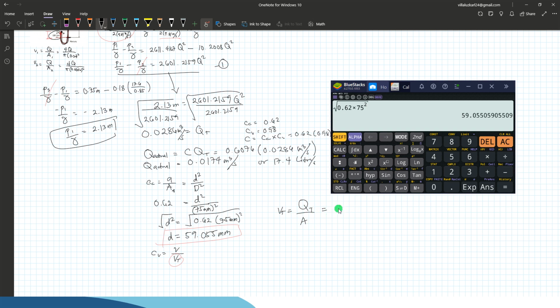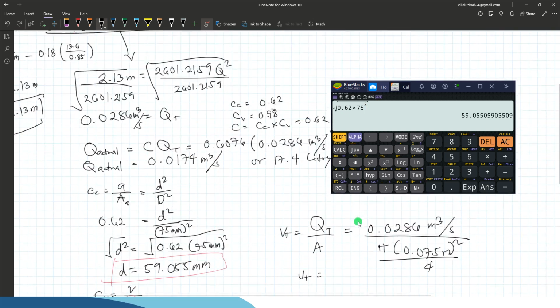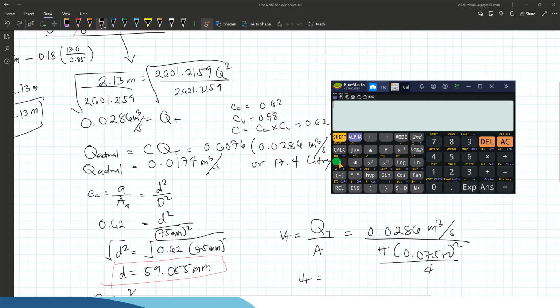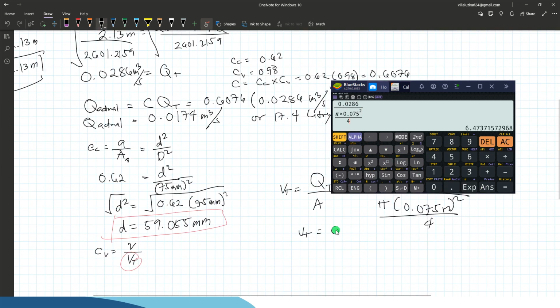We have 0.0286, the theoretical discharge, divided by the cross-sectional area, pi times 0.075 squared over 4. That gives 6.474 meters per second.